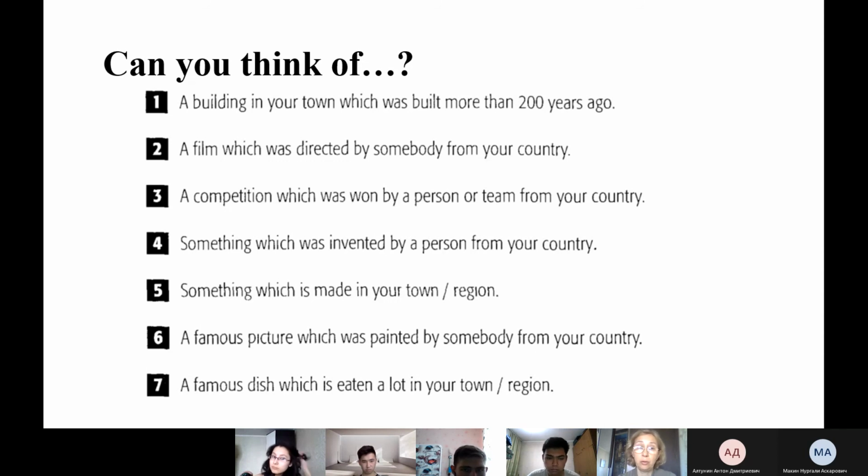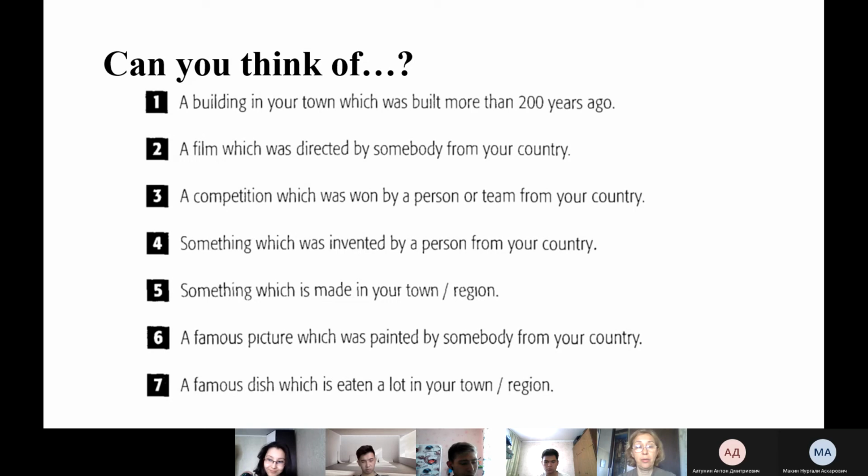What about your town, your city? Rodion, do you know any buildings? No, I don't know, because my town was built about 100 years ago.